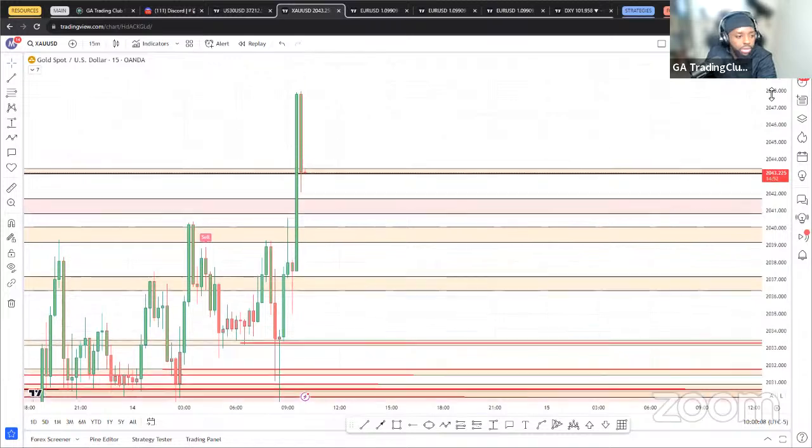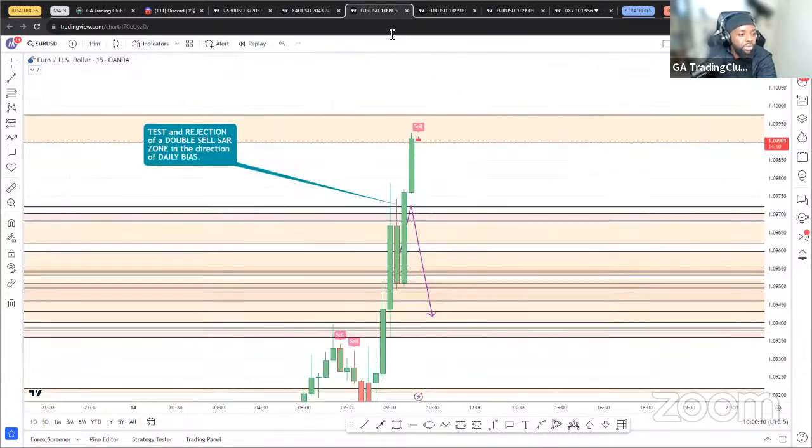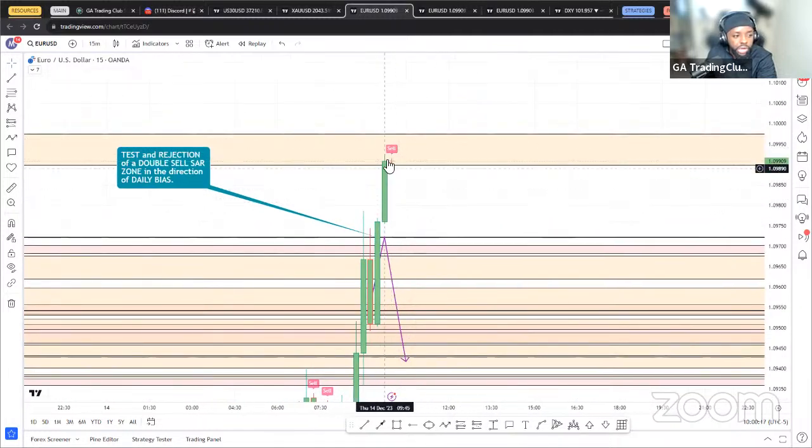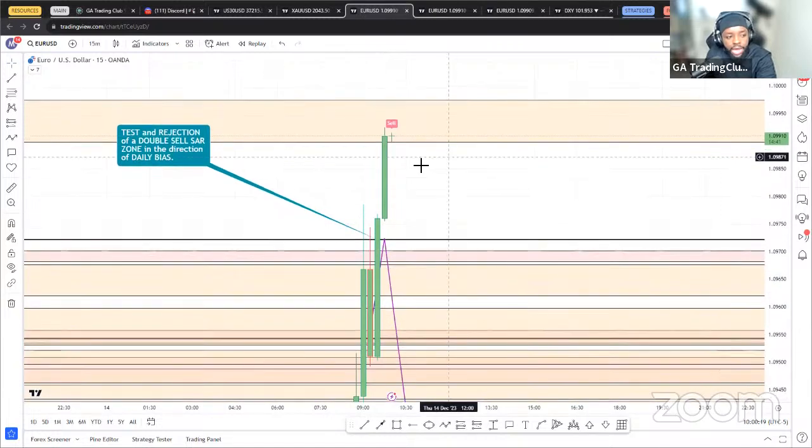But right now, I was hoping, oh, wait. EU. Okay, so here on EU, you can see we are probably now going to get that test and rejection. The test candle closed inside the SAR zone.